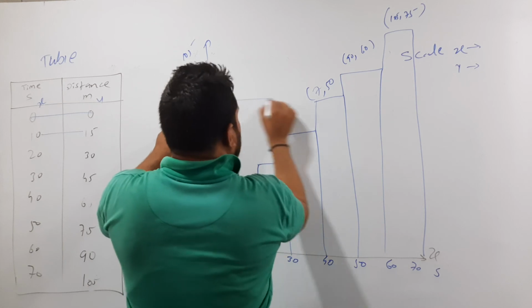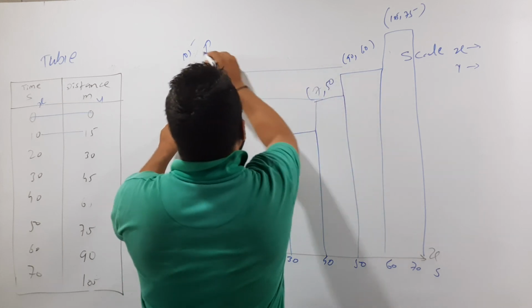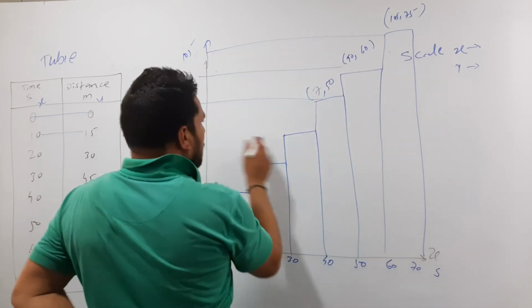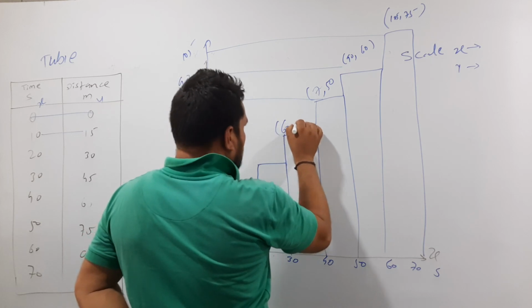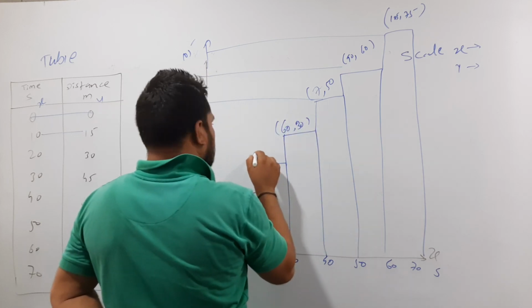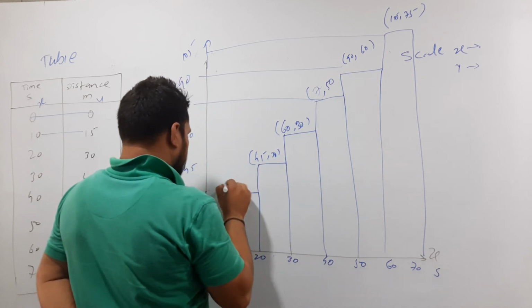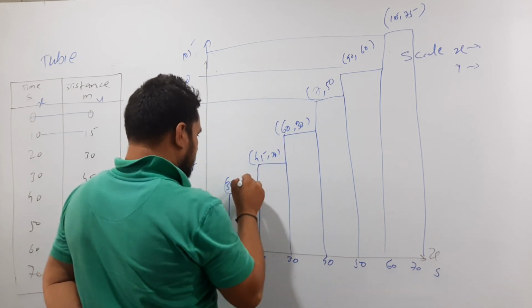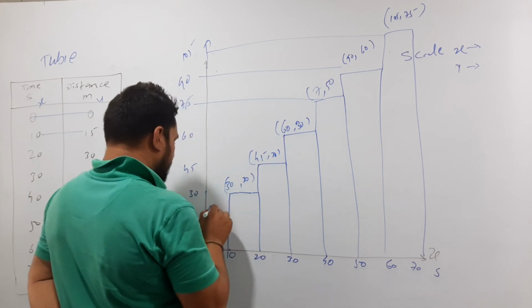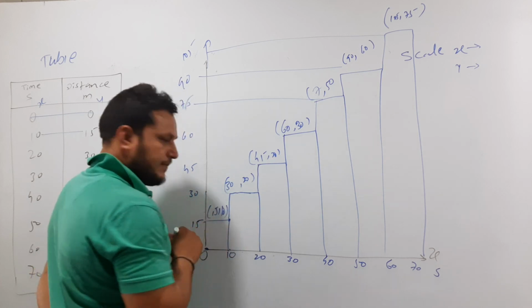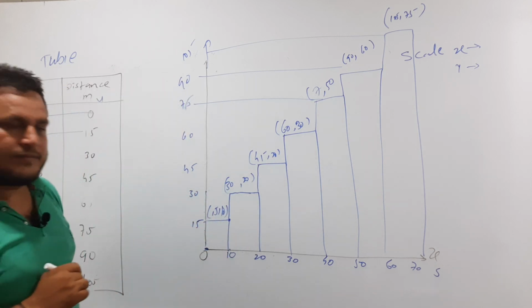This is 60 comma 30. And this is 45 comma 20. And this is 30 comma 20. And this is 15 comma 10.